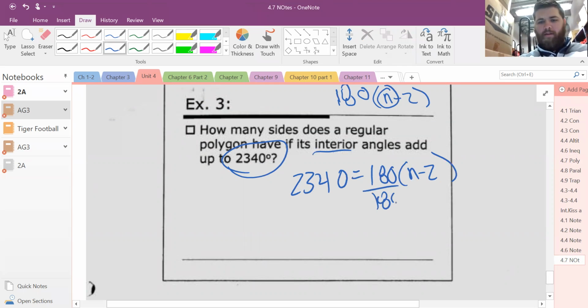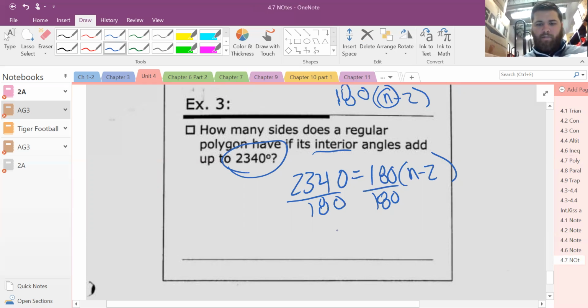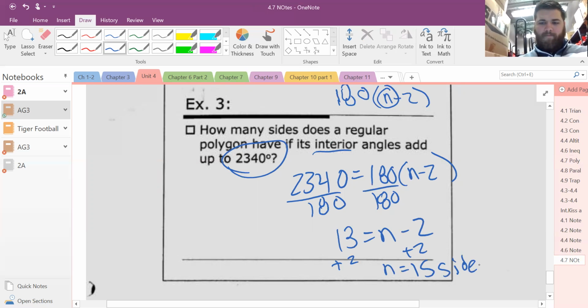So we have 2340 divided by 180 as our first step. There we go, we get 13. So 13 equals n minus 2. Add 2 to both sides. We get n equals 15 sides.